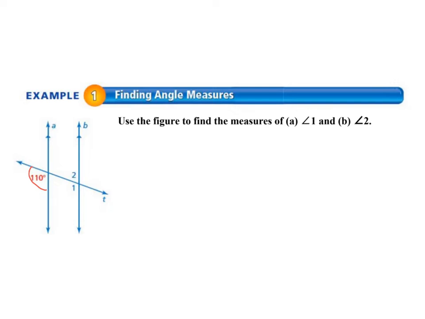So the first thing you have to recognize is that this 110 degree angle and angle 1 are corresponding angles. So that means that the measure of angle 1 is the same, so that's also 110 degrees.